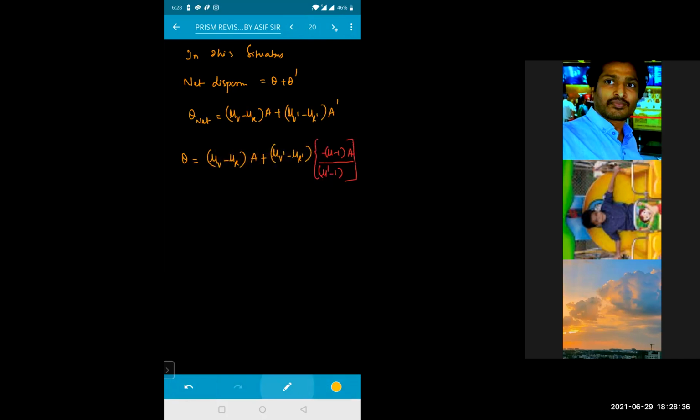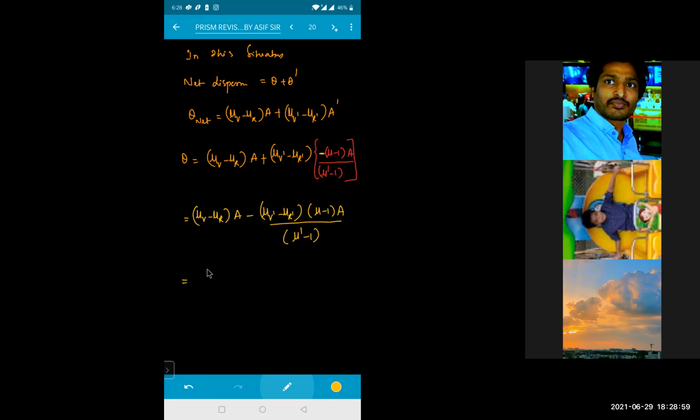Now simplify this one. There is a minus sign here. So this minus and minus, and this will become mu v minus mu r into A. This is minus mu v dash minus mu r dash into mu minus 1 into A divided by mu dash minus 1.